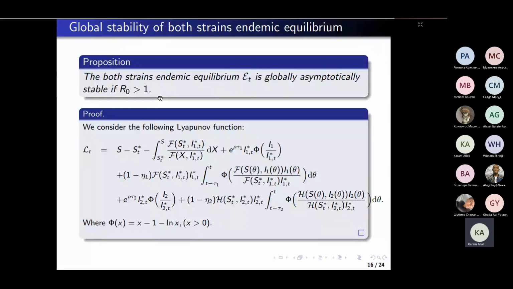Which means that if we are slightly more than 1, even for a numerical simulation, 1.1, 1.2, this is the disease-free equilibrium stable. I'm talking about stochastic, but we need to go larger than 1.